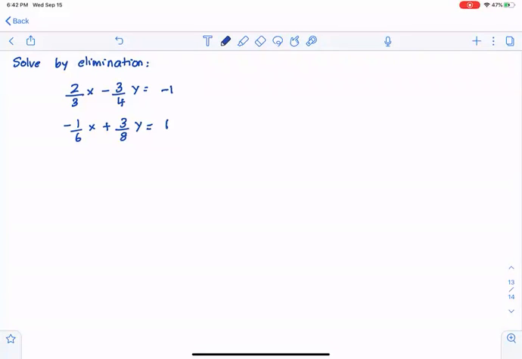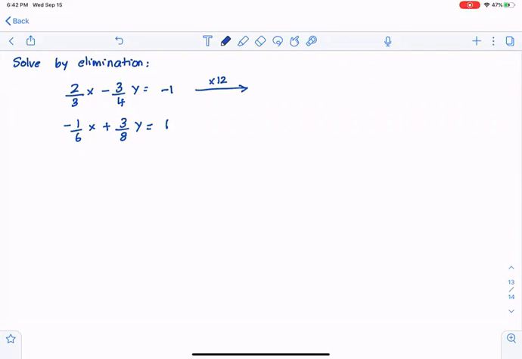So in this problem, we're trying to eliminate the fraction before proceeding with elimination, but we are in a tough situation. Regardless of whether we eliminate the fraction or not, we're going to get big numbers. So what I'm going to do is multiply the first equation by 12.